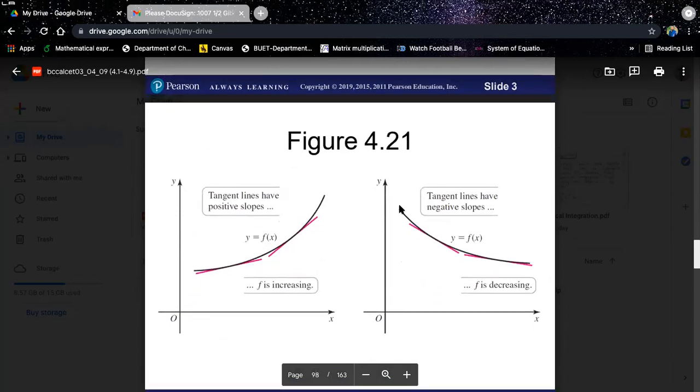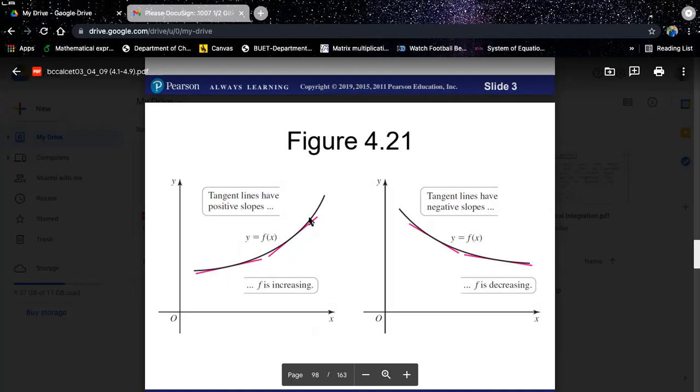Okay, now let's see what else can we derive from it. So when the function is increasing on a certain interval, if you draw tangent lines at any point on that increasing part of the function, you will see the slope of the tangent will be positive. Can you see this? This is the increasing part, right?